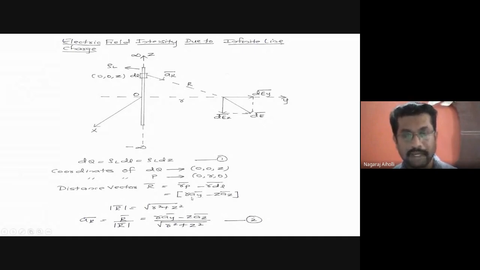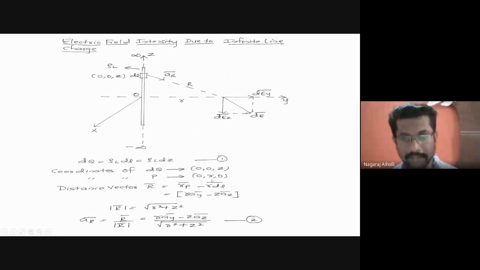That is, R P bar is r a y bar, and R dl bar is z a z bar. We have to take the difference between the destination vector and the source vector. For point P, the x coordinate is 0 minus 0, which is 0.